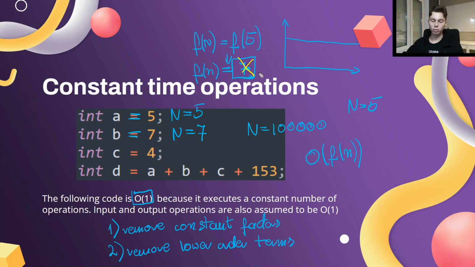We do not have any lower order terms. And if we do all these operations, f of n will be equal to nothing. Well, it's not possible that f of n is equal to nothing. We must give some value to it, and by default we put a 1. So O of f of n is equal to O of 1.